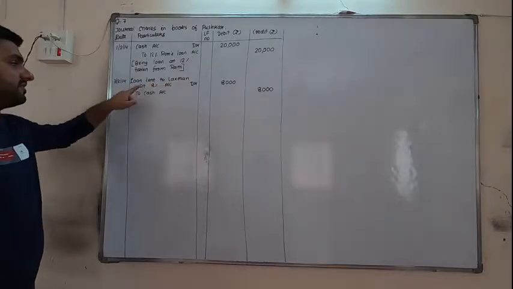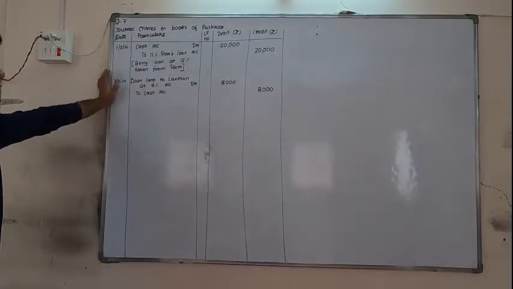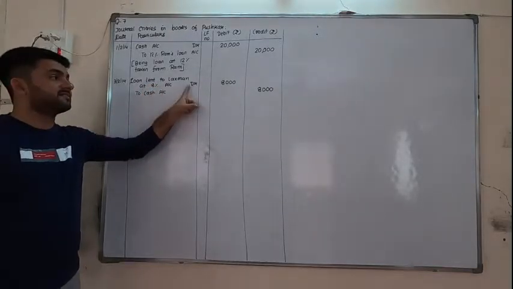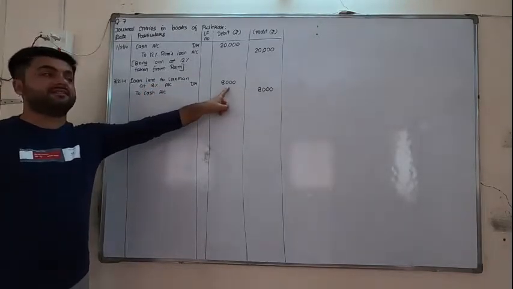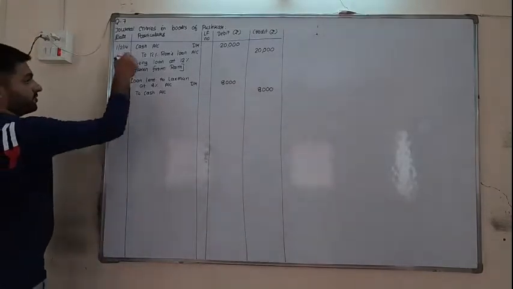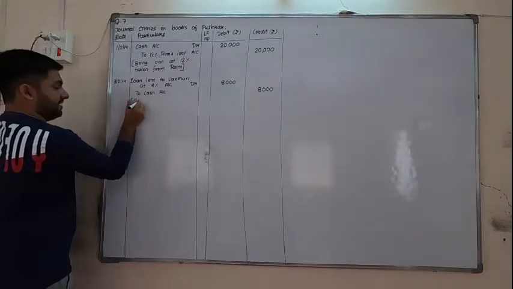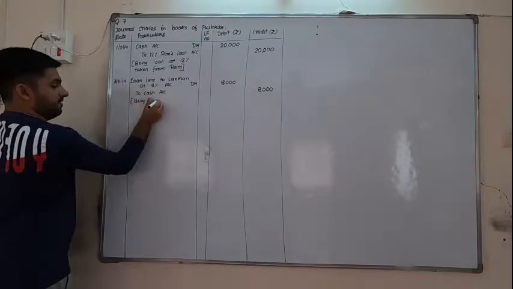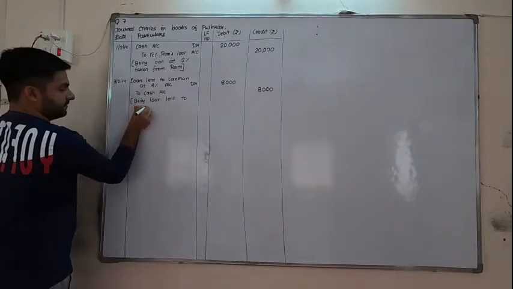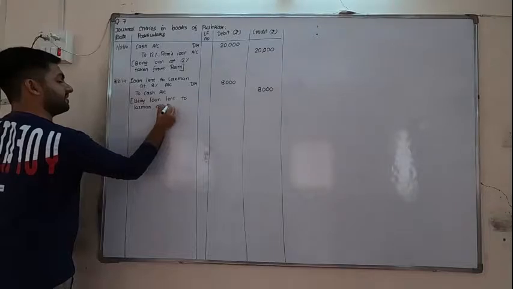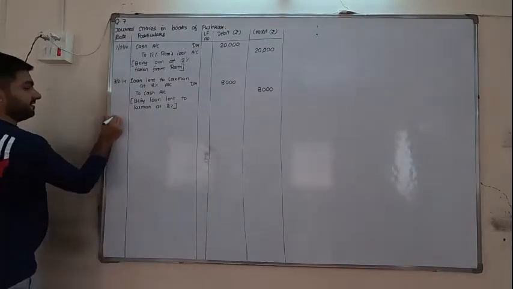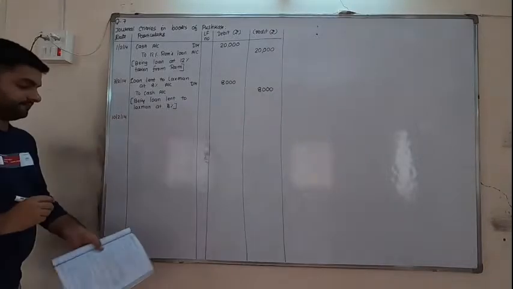If it is not coming in a single line, then use two lines, and whenever the sentence is completed, keep the debit and write 8,000, and credit side 8,000. Okay. So opposite entry of previous. Being loan lent to Lakshman at 8%.